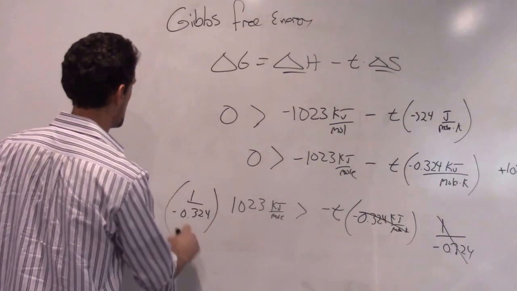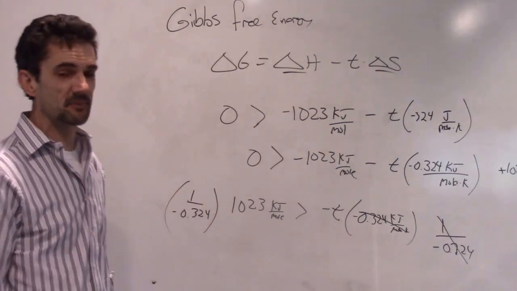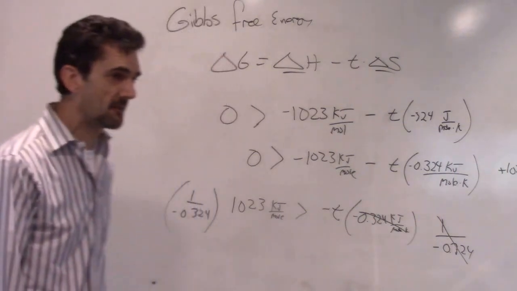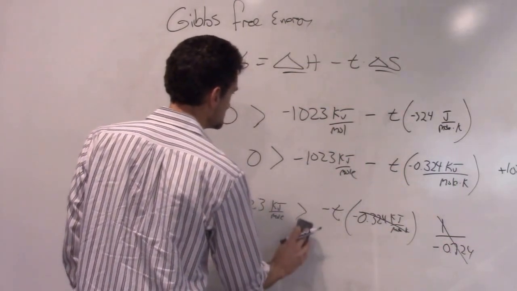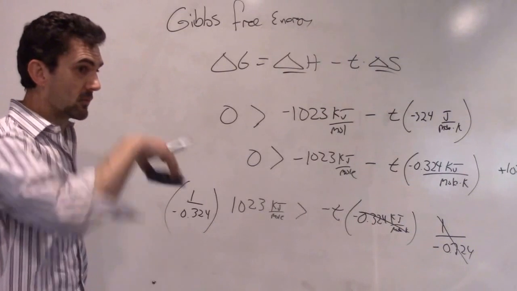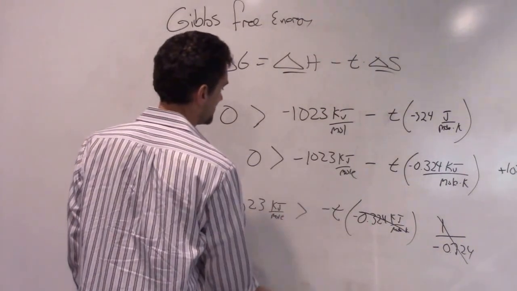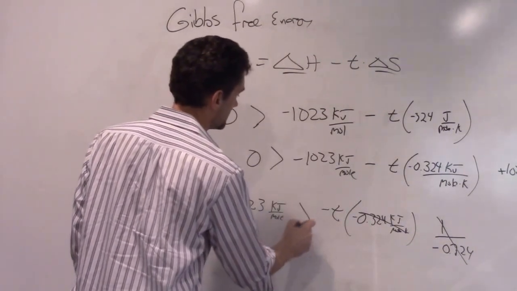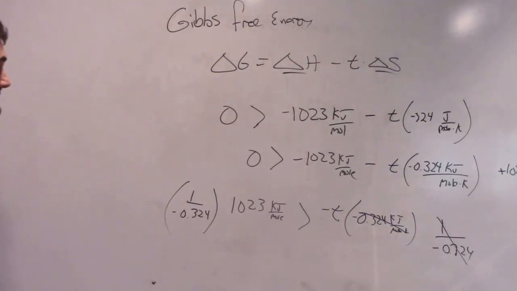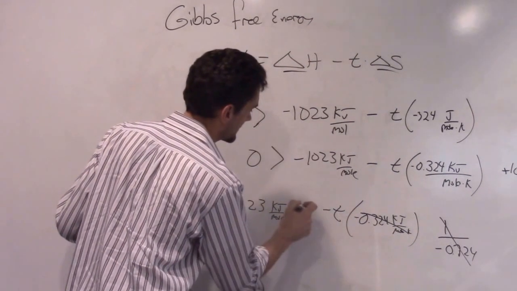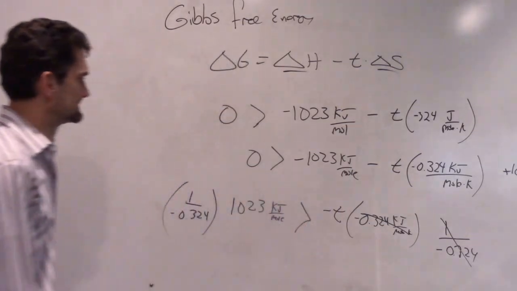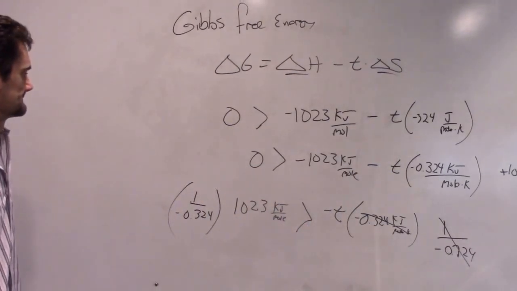This is where the tricky math comes in. Whenever you multiply or divide by a negative number, you've got to do both sides, and what do you do with the sign? You flip the sign. Some of you haven't had that yet. You've got to flip the sign. I feel like I learned that 5 years ago, that's why I don't remember it.